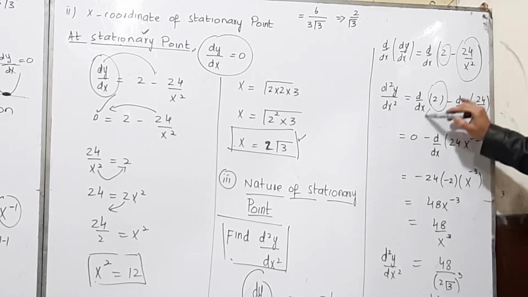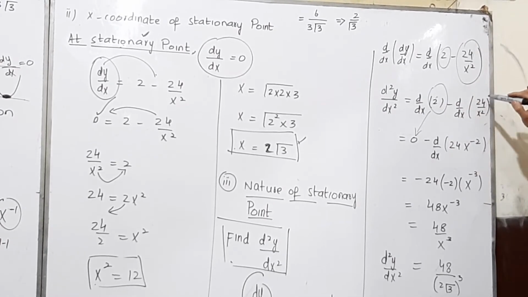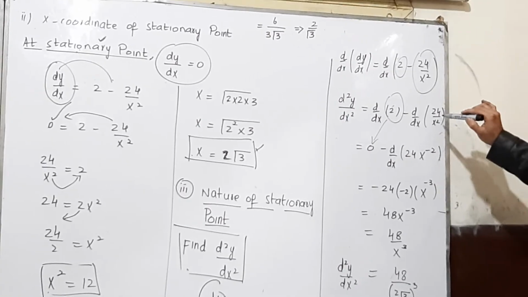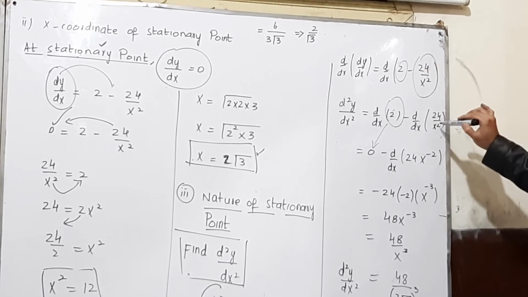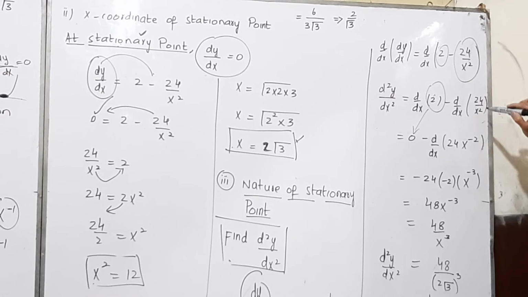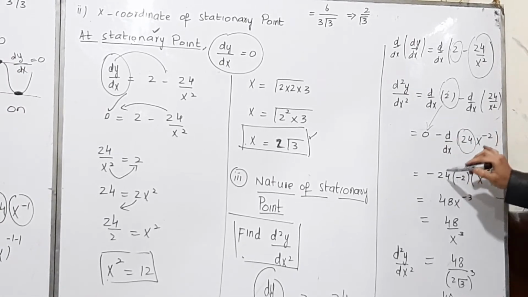Differentiating the constant will give you 0, because the derivative of a constant is 0. Now differentiating 24 over x square, move x square to the numerator, the sign of the power 2 will change. It will be minus 2 when it moves to the numerator. We will separate 24, the minus sign exists here, minus 24.